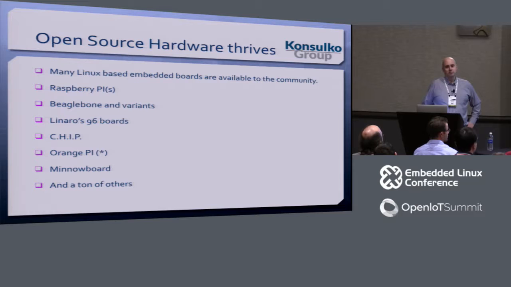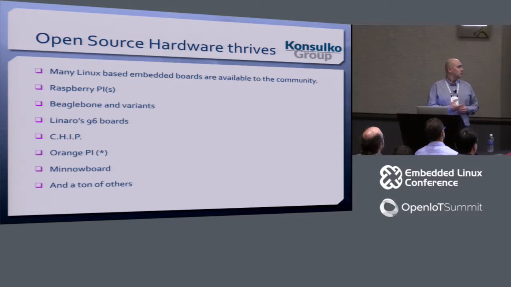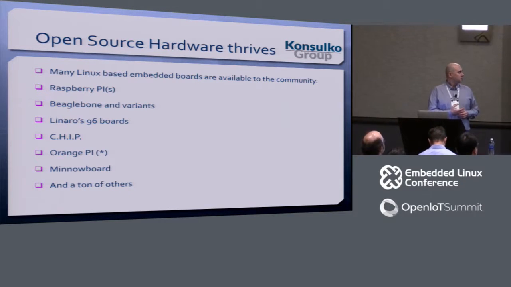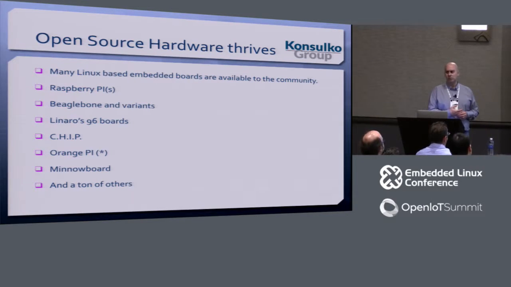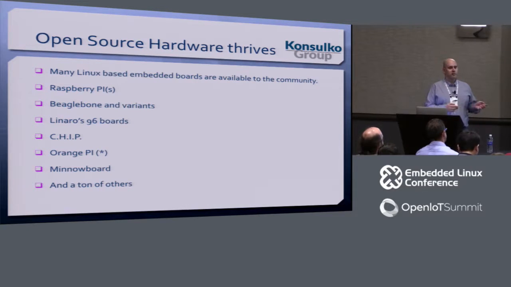So we have Raspberry Pis, the BeagleBones, Linaro's 96 boards, which is quite recent. We have the C.H.I.P, which there is another session about it in a few hours, I think. Orange Pis, Minnowboards, and a ton of others.